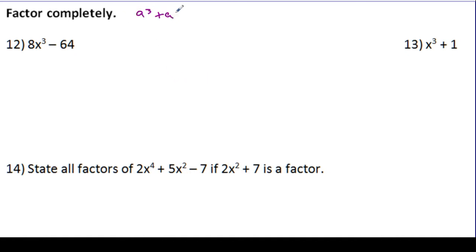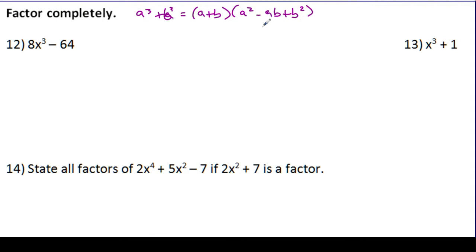We had, if you can write something as the sum of two cubes, you're going to be able to factor that into a plus b, and then the second one is a squared minus ab plus b squared.